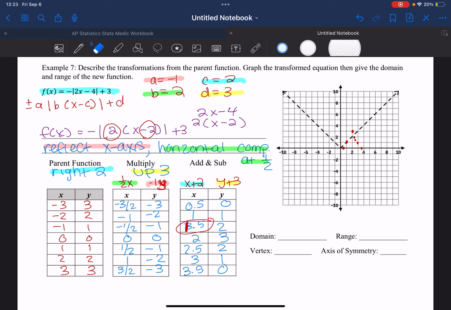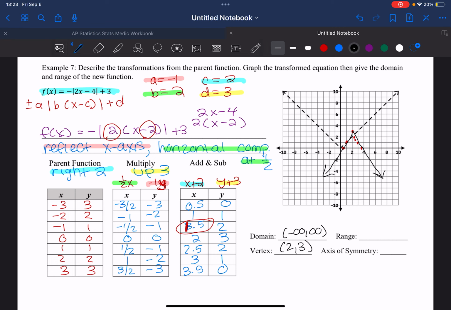Okay. So if I was to connect this, we would see that it has a horizontal compression. It's reflected across the x-axis, and it moved right 2 and up 3. So our domain, which never changes, is negative infinity to infinity. Our vertex is at 2, 3.